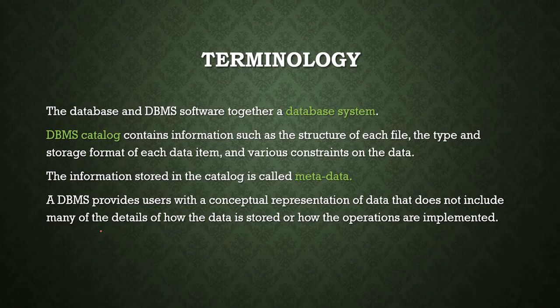So this information is stored in the DBMS catalog. To have a precise definition, the DBMS catalog contains information such as the structure of each file, the type, and the storage format of each data item and various constraints on the data. And the information that is being stored in the DBMS catalog is called as metadata.